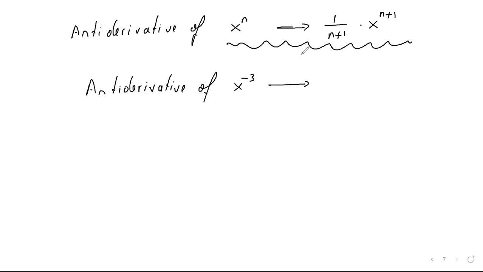I'm concerned first with the exponent. The new exponent has got to be the current one plus 1. The old exponent is -3, so the new exponent will be -3 plus 1, which is -2. And what I get here is 1 over -3 plus 1, which is 1 over -2.